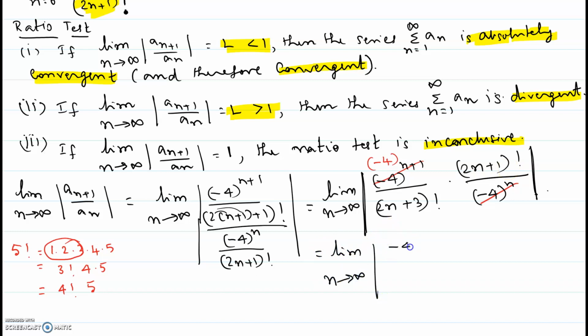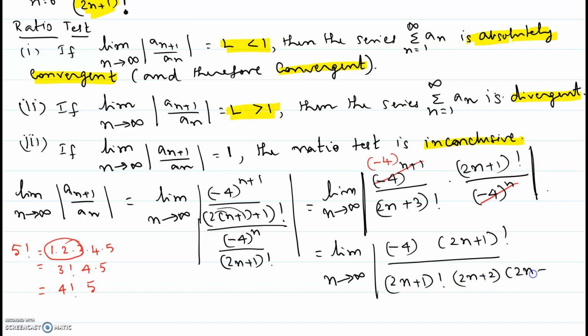So we are left with the negative 4 on top. Here we have (2n plus 1) factorial, and (2n plus 3) factorial is (2n plus 1) factorial times (2n plus 2) times (2n plus 3). We have written something like this: 5 factorial is 3 factorial times 4 times 5.